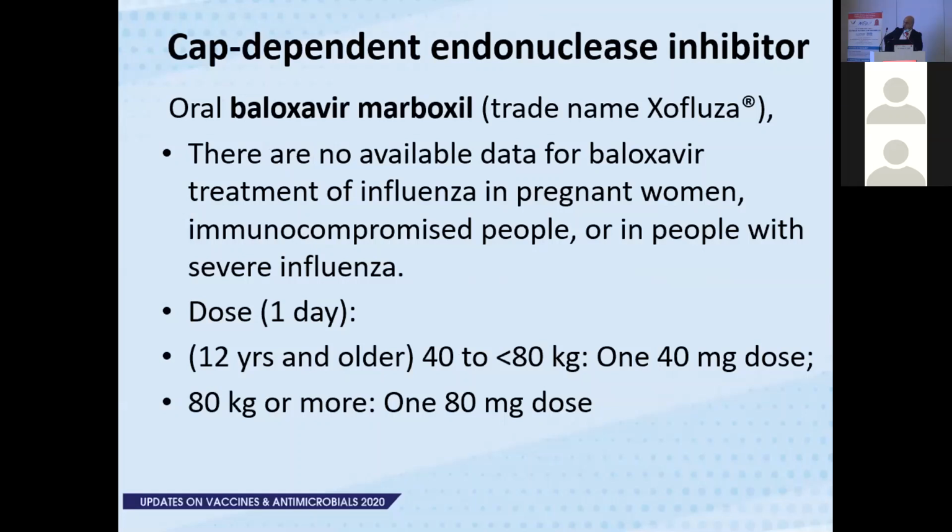If the patient is below the age of 12 years, then you will give the dose based on the weight. If the weight is less than 80 kilograms, then you give just 40 milligram once daily. And if the patient is 80 kilogram or more, regardless of the age, you give the whole dose of 80 milligram.